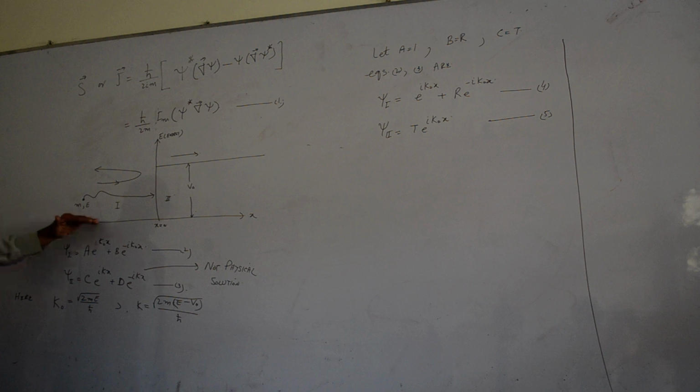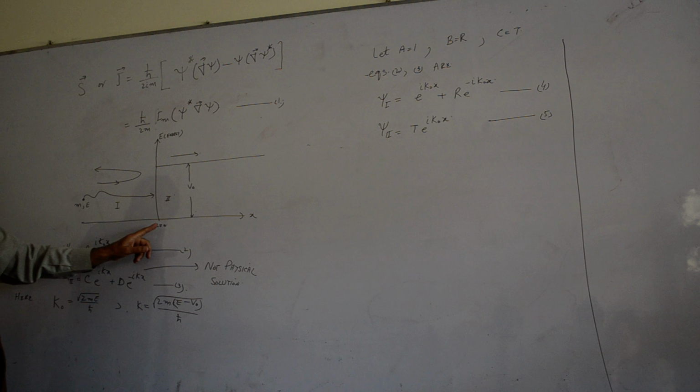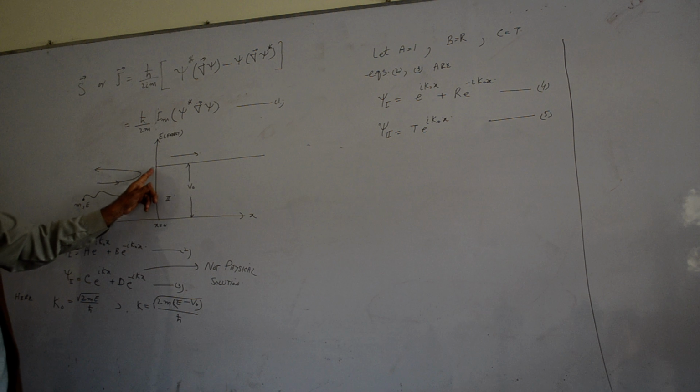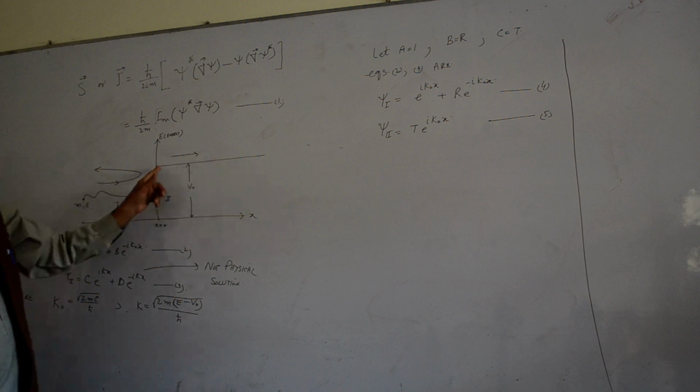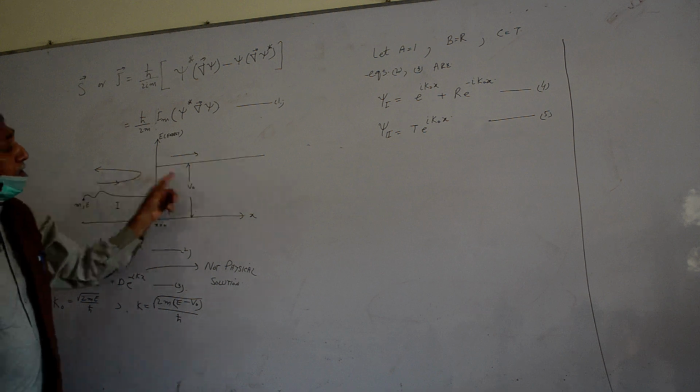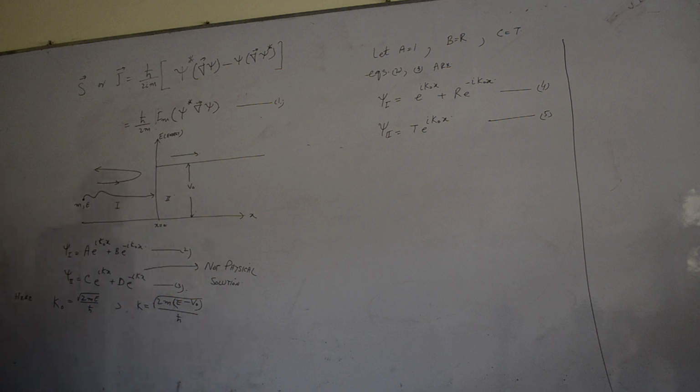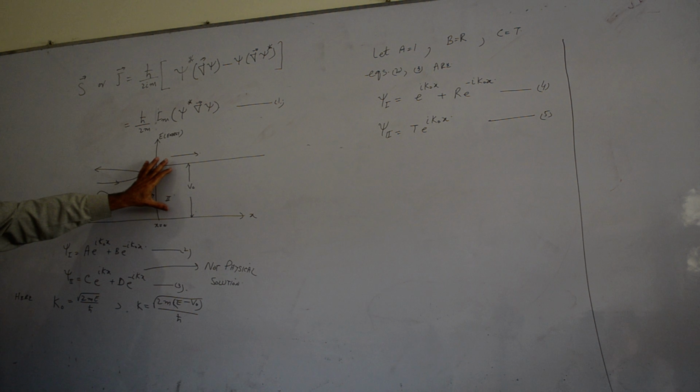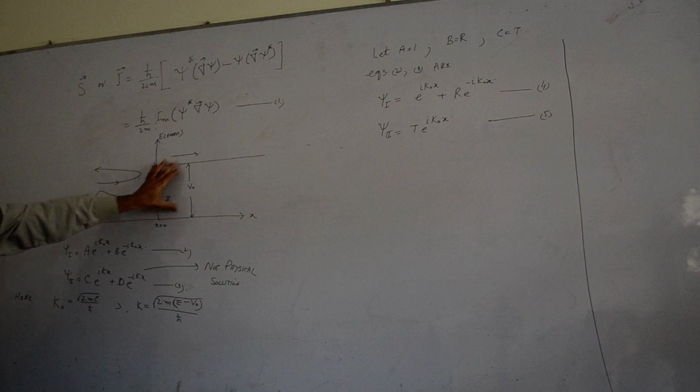There is no potential here, it is zero, but as you reach x equal to 0, the potential suddenly increases to V naught, which is a constant value extended towards infinity. The height of the potential step is V naught.